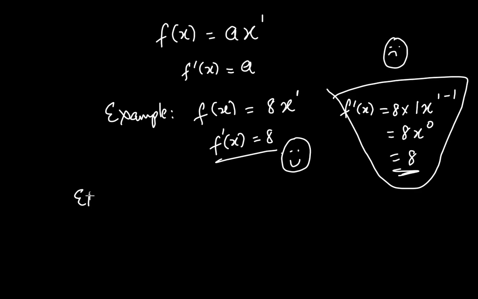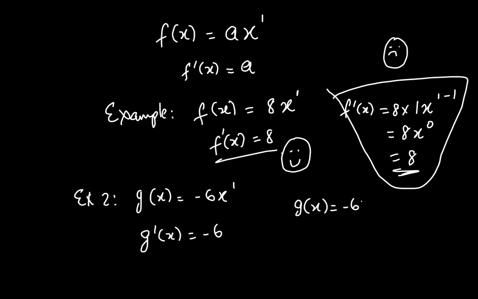Let's give you another example. Example 2. Let's say you have g(x) is equal to -6x. What would be the answer there? Well, the derivative of g will just be equal to -6, because the exponent here is 1. If you want to go the longer route, you can say, since I have my g(x) as -6x to the power of 1, then the derivative of g would be -6 times 1, and then x to the power of 1 minus 1.